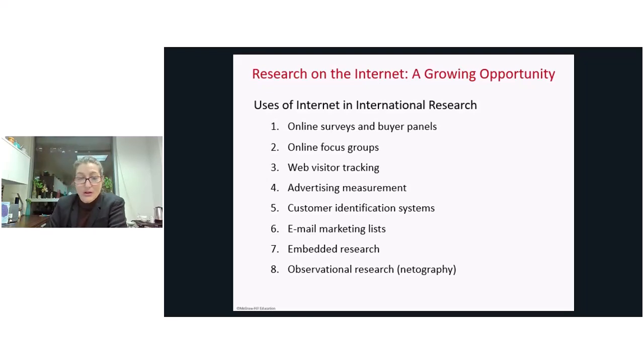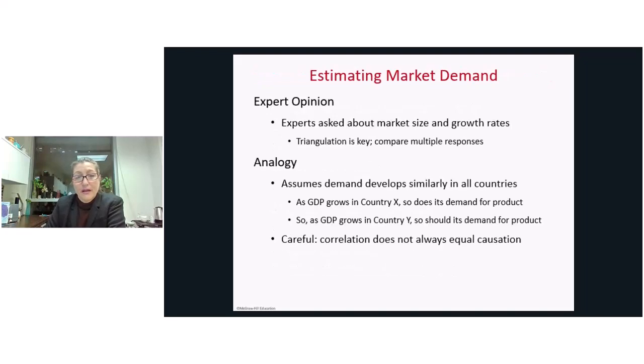We can embed the research in various contexts online. And we can do observational research by way of netnography, which is part of what my publications are, and I'm currently doing netnographic studies.